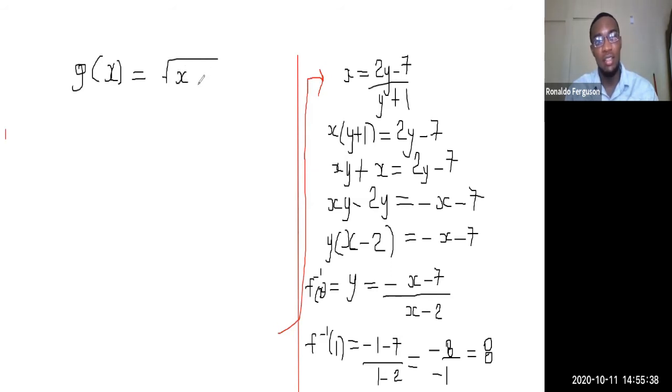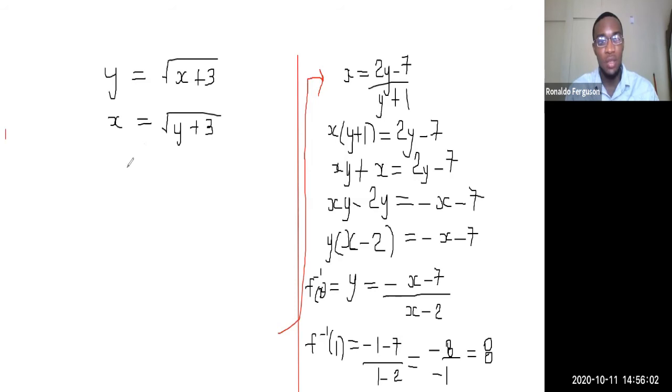That's g of x, right? And so what we can then say is replace g of x with y. And so what we get then is y is the square root of x plus 3. And so x is equal to the square root of y plus 3 because we interchange x and y.